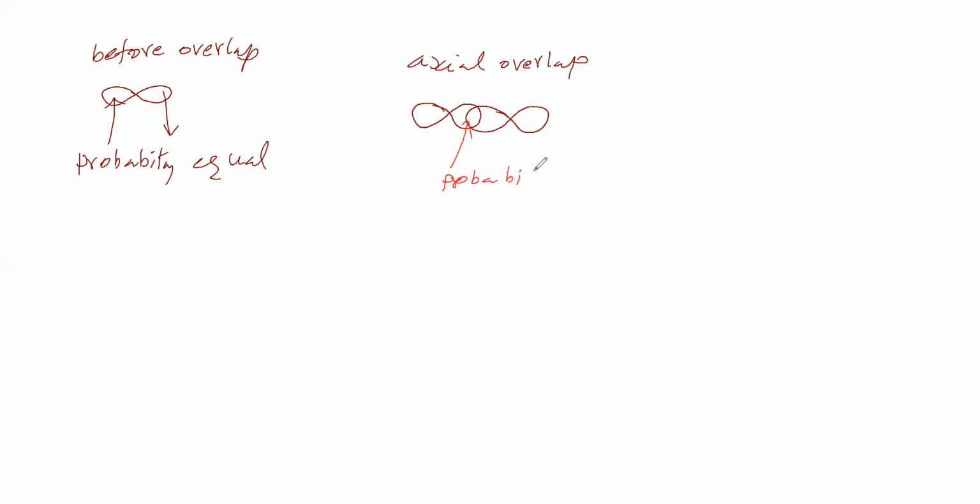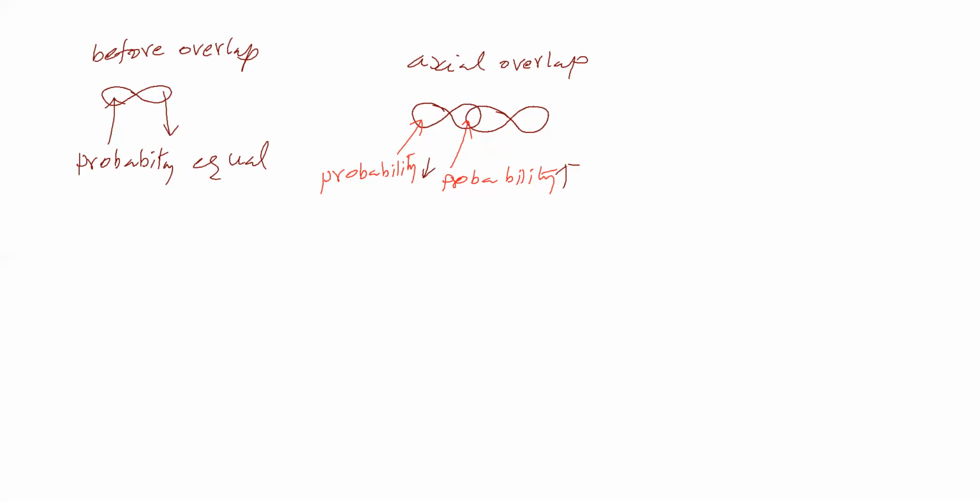Probability will be high in one place and low in another. Before overlapping, the probability in these two lobes will be equal. During overlapping, the probability becomes low here and high here.